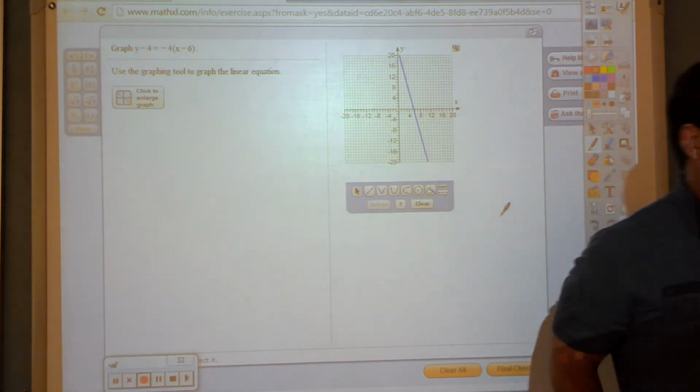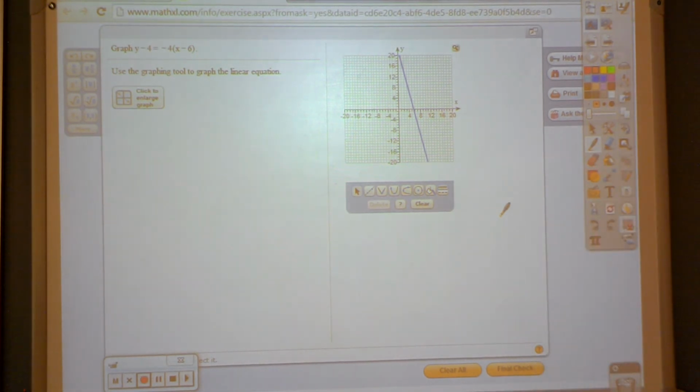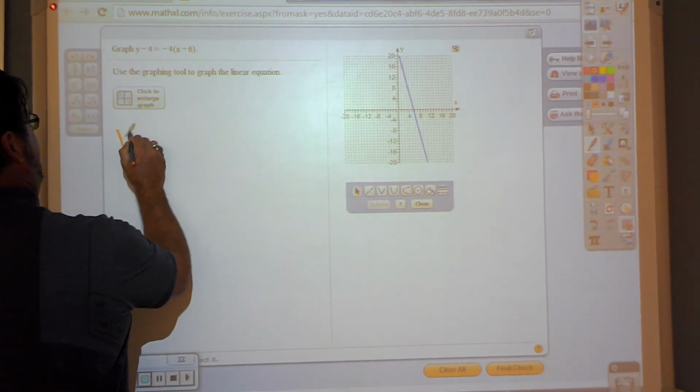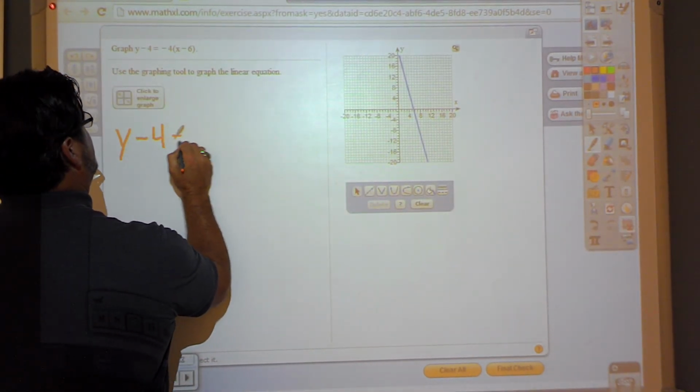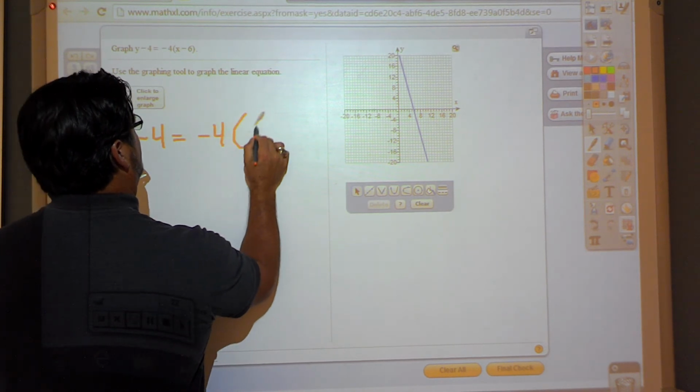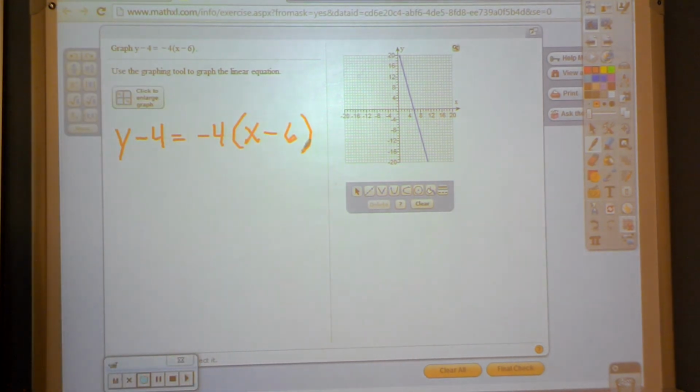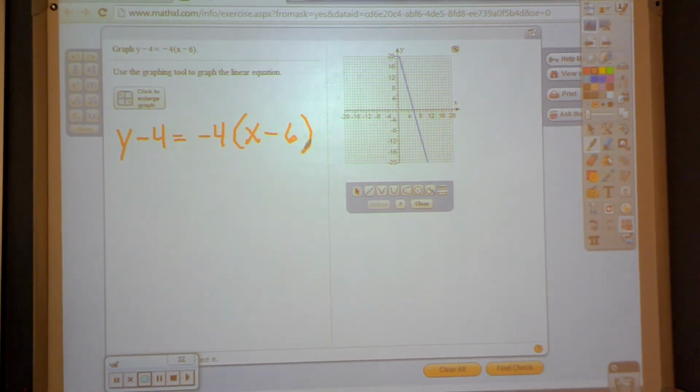Y minus 4 is equal to negative 4 times parentheses x minus 6. Why do they give you this written like that? Because they want you to have extra practice with simplifying the point slope equation.